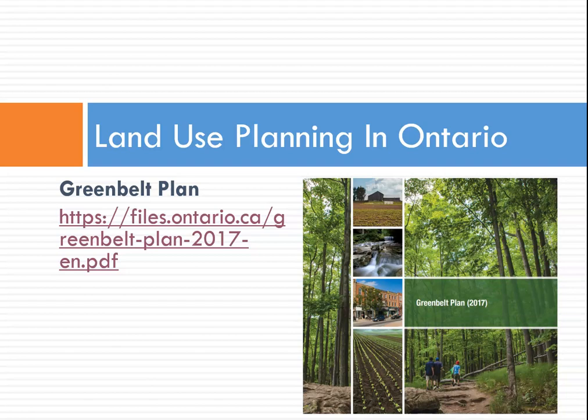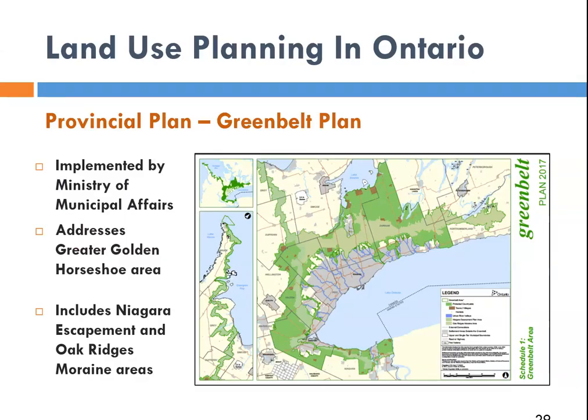The Greenbelt Plan was most recently updated in 2017, and the plan is meant to be protective. The key features that it's looking at are the Niagara Escarpment and the Oak Ridges Moraine, and you can see those two features on the map that I've included here. The darker green area that runs all the way up to the Bruce Peninsula is the Niagara Escarpment.